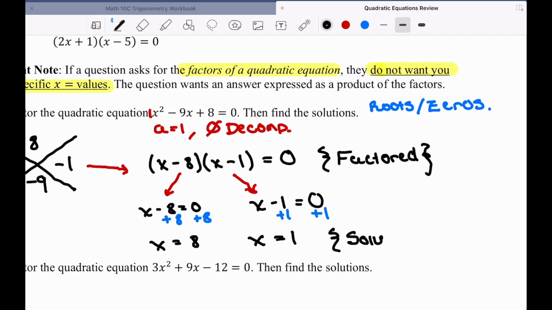In quadratic equations, what do we mean by solutions? We mean the x values or the x-intercepts, where y is equal to 0. We have our x-intercepts of x is equal to 8 and x is equal to 1. Those are our solutions to this quadratic equation.